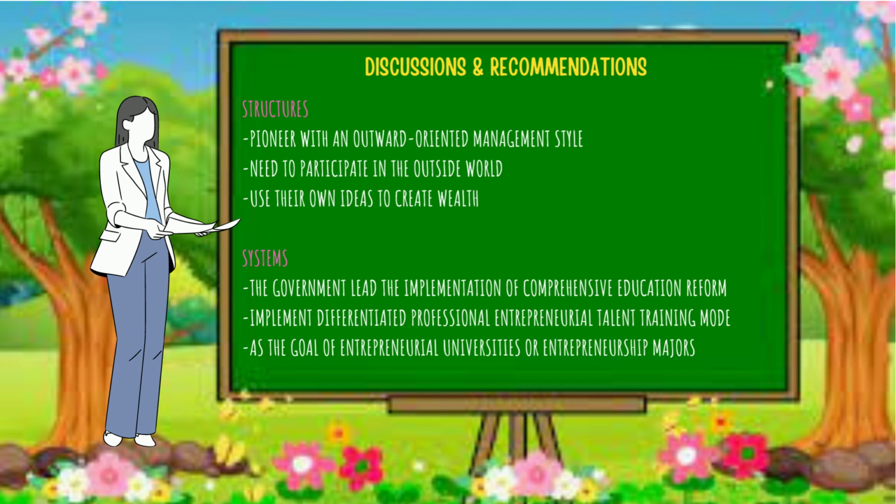EA was demonstrated as 5 components: structures, system, leadership, strategies, and culture, of which culture proved to be the most underdeveloped. In structures, UK universities are pioneers with an outward-oriented management style. The leadership believes that universities are entities that need to participate in the outside world. Leaders will use their own ideas to create wealth, as well as funds for themselves, and take the route of entrepreneurship.